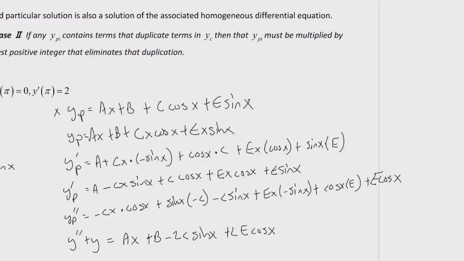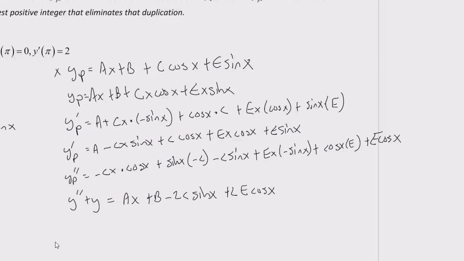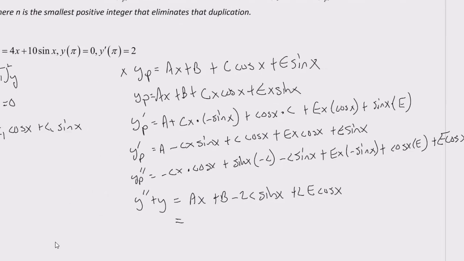Okay, so I've gone ahead and done the derivatives, collected all like terms, and wrote the result down here. Feel free to pause and check my math and let me know if there's a mistake, which is bound to happen sometimes. I want to remind everyone that ax plus b minus 2c sine x plus 2e cosine x is equal to our 4x plus 10 sine x.